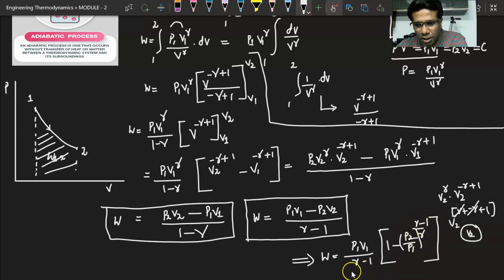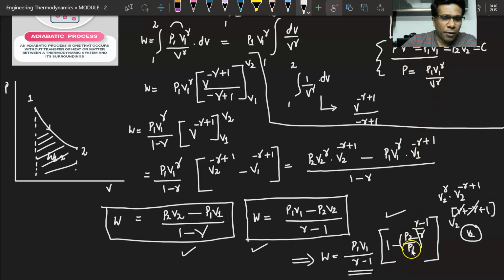This is another equation for work done, in terms of the pressure ratio P2 by P1. All these equations can be used in our problems, where you will be using the basic equation also to find, maybe P1 and V1 will be there, but P2 will not be there. So you can use these equations and solve for the value of P2.